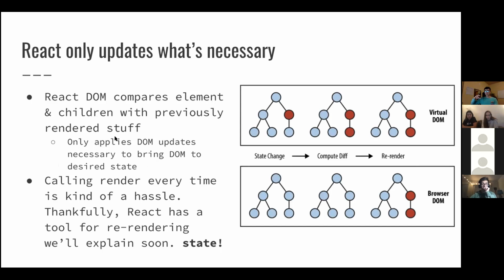In the image on the side, you can see what React is actually doing: it'll compare elements and children with previously rendered things, and so it'll only apply changes that are necessary. So it won't re-render everything. It only re-renders the things that need to be changed.